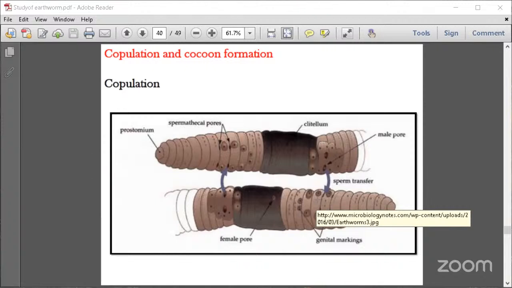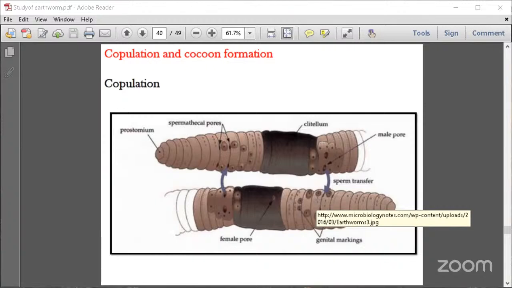When the ovaries mature, the epidermis of the clitellar region, segments 14, 15 and 16, contains three kinds of glands. One is the unicellular mucus gland that produces mucus for copulation, and the cocoon-secreting gland secretes the wall of the cocoon and also a gelatinous, viscid, sticky substance which forms a membrane girdle.